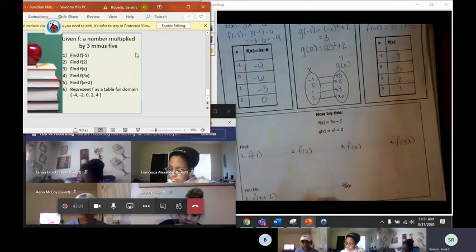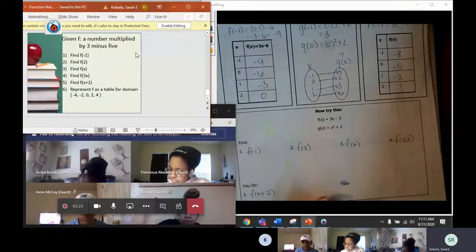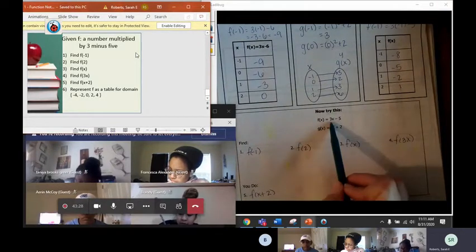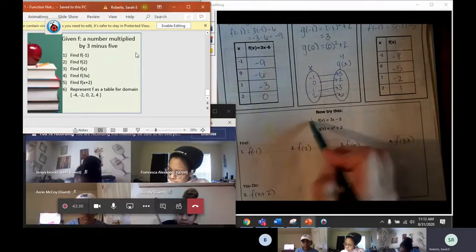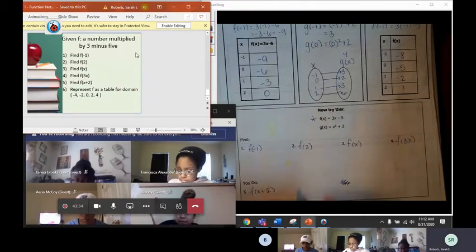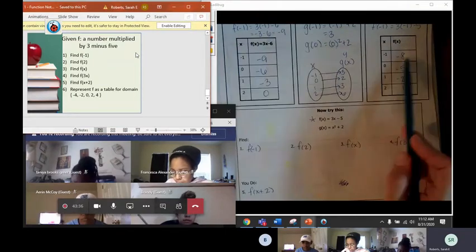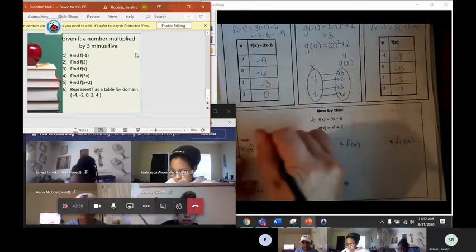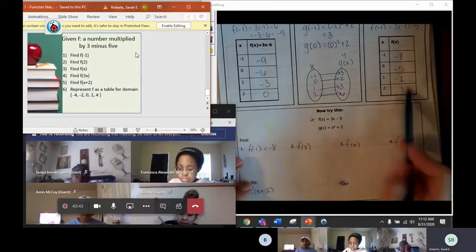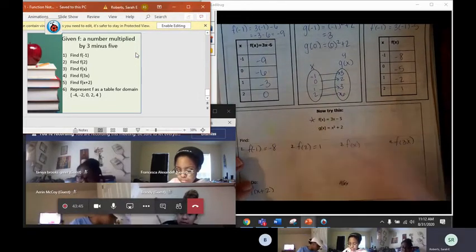Okay, so in f of -1, it's given f as a number multiplied by 3 minus 5. So it gives us this function here. And when we sub in -1, we did this up here, right? We got -8. We also have f of 2 is 1.